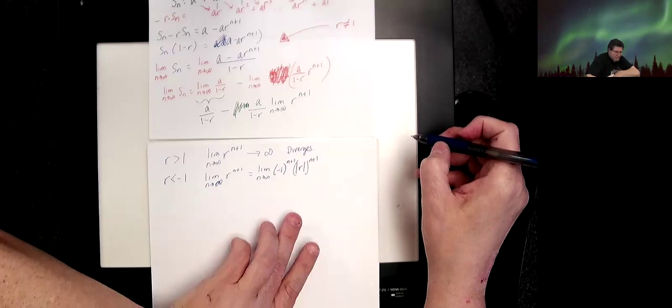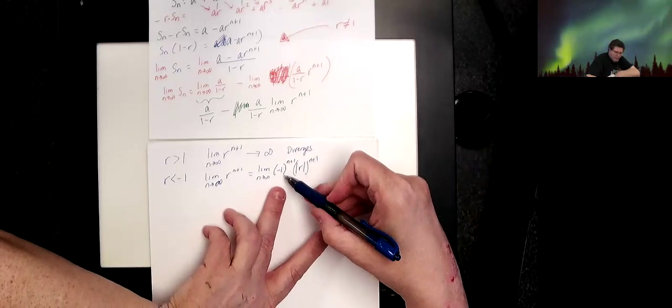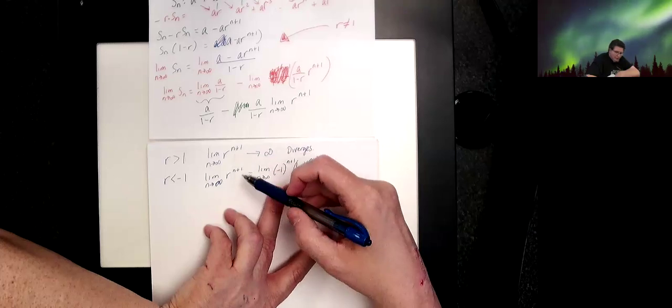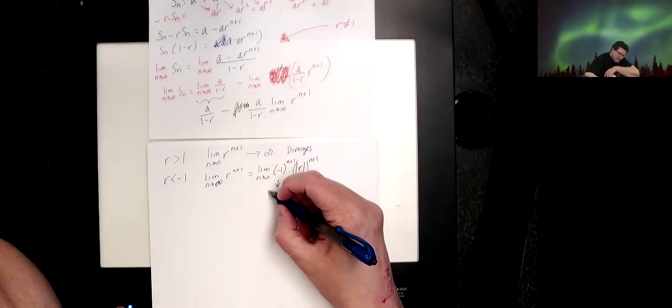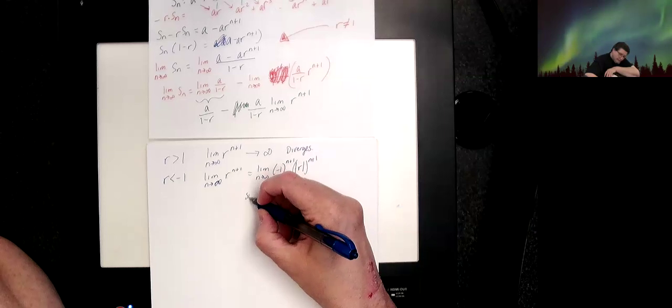Does that make sense? I factored out the -1 because the exponent is going to alternate signs. This is going to cause the signs to alternate.